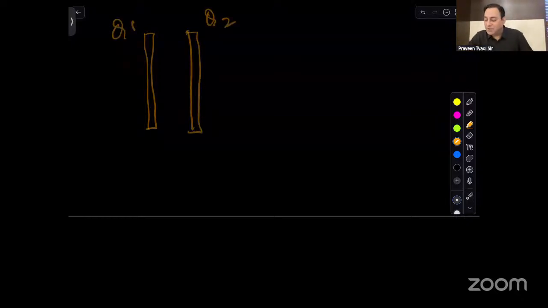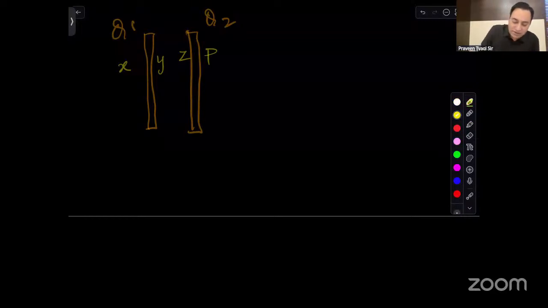Now, please help me find out what will be the charge. Suppose the charge here is X, Y, Z, P. Find the values of X, Y, Z, P.